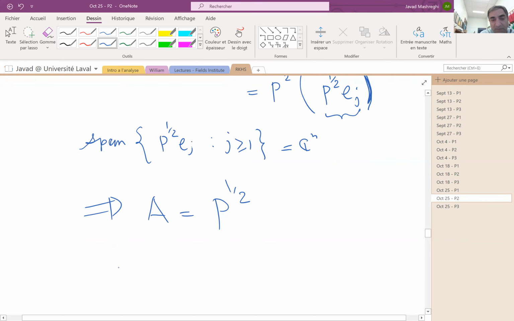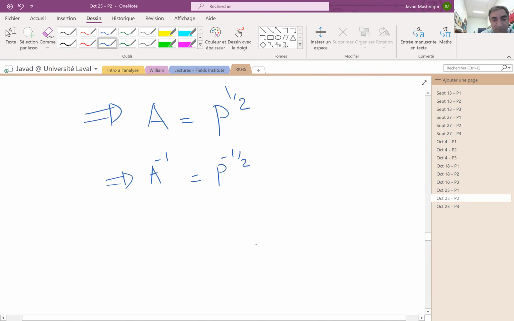And so A^(-1) is its inverse. And we can go back to our formula and say that the inner product of V prime and W prime in H is simply P^(-1/2) V prime, P^(-1/2) W prime, inner product in C^n.